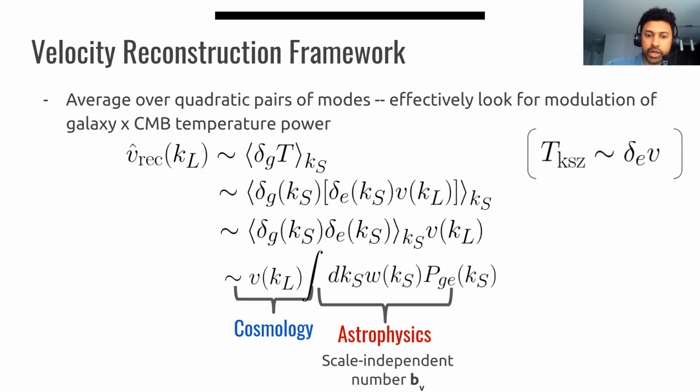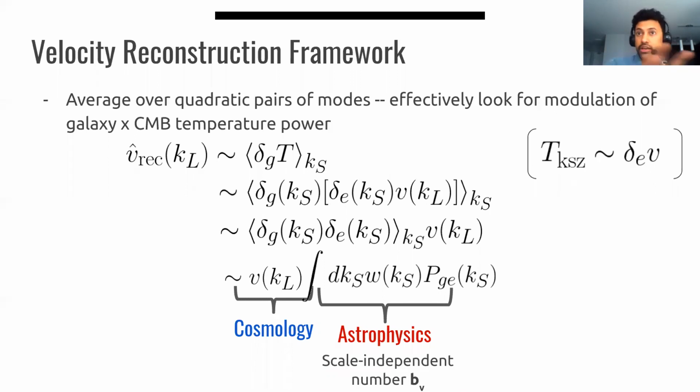What that means is that you can use kSZ to reconstruct the largest scales in the velocity of the universe, but you can't know its amplitude. The amplitude of that entire velocity reconstruction is completely uncertain. It's a scale independent number, and I'm going to call that BV for the rest of the talk. It's the bias to the velocity.